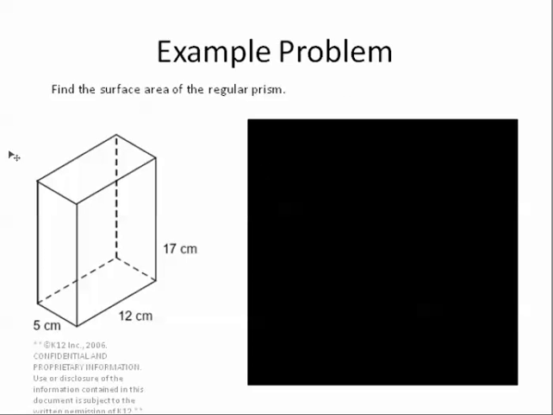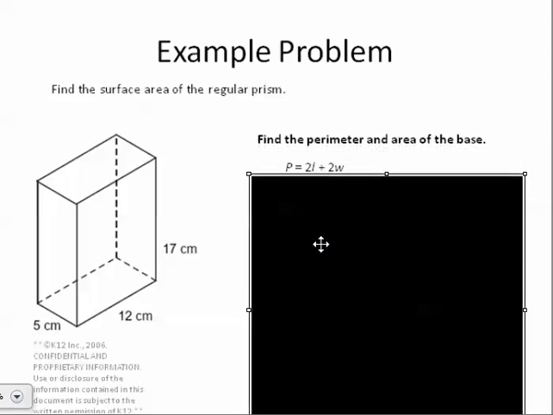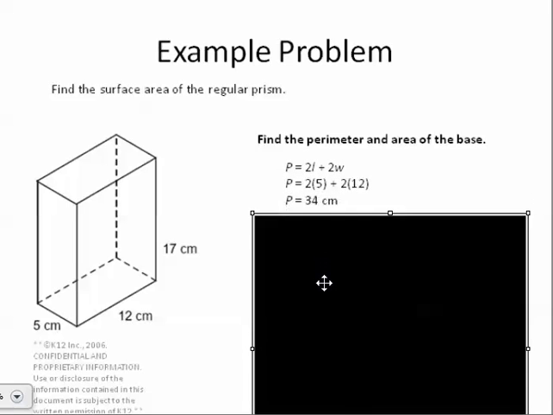Let's do another one here. Okay, this one is a surface area of a regular prism, they called it. Well, it's a rectangle on the bottom, and so to find the area, I'm going to do 5 times 12, that's 60. To find the perimeter, it's 24 and 10, that's 34. So let's see what they do first. They find the perimeter to begin with, it's 34.